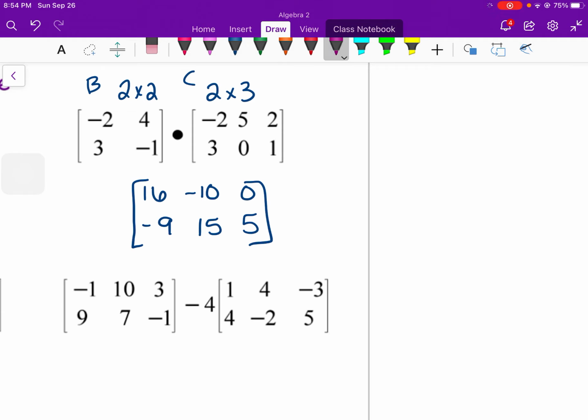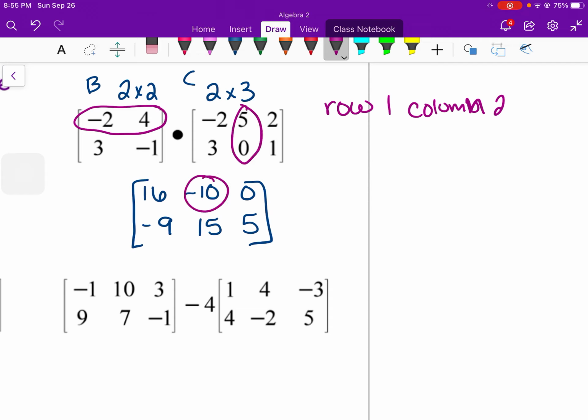Now, on the test, I'm going to ask you to show me the longhand work for like row 1, column 2, for example. And so you're going to do, okay, well, row 1, column 2, I should get -10. So I get that by taking -2 times 5, and I add that to 4 times 0.